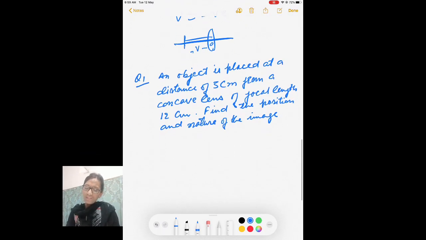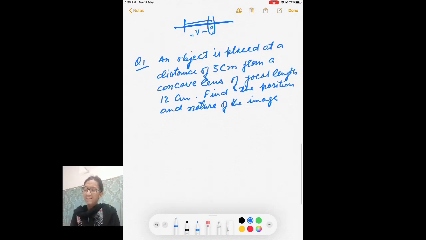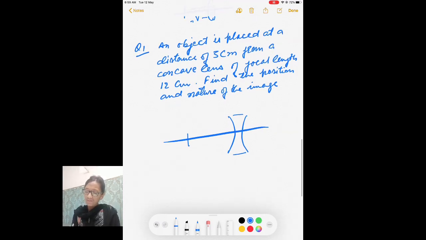So the question is that an object is placed at a distance of 3 cm from a concave lens. You have a concave lens, an object is placed at, u is given, 3 centimeter.